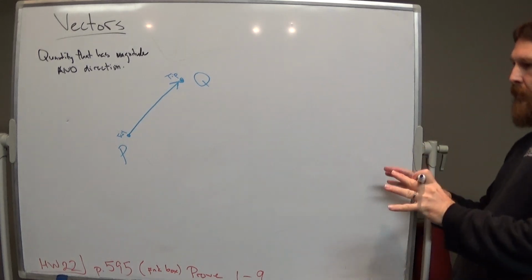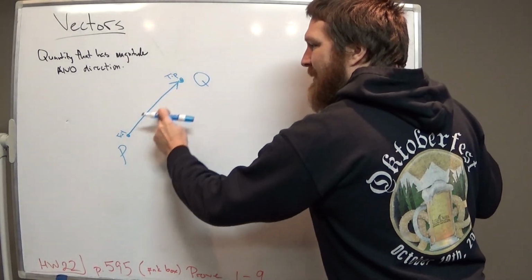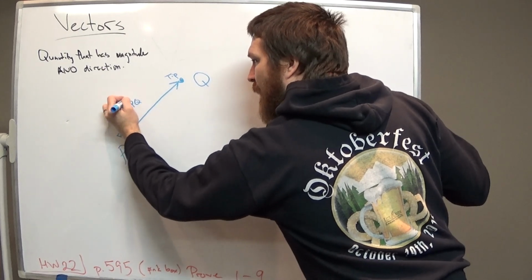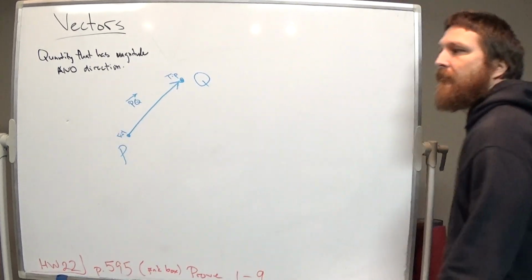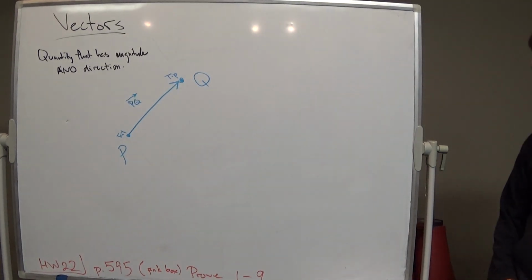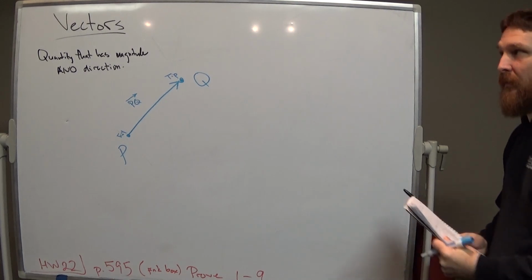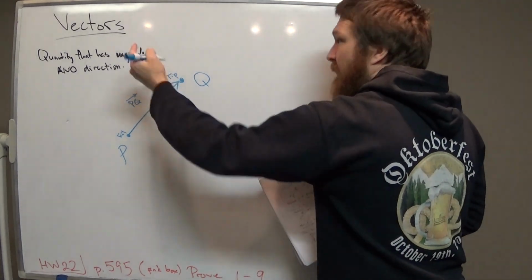Your book, given 2 points, will write this vector like this: PQ with a little arrow over it. So that's the vector PQ. The magnitude of PQ, the length, is all that means.